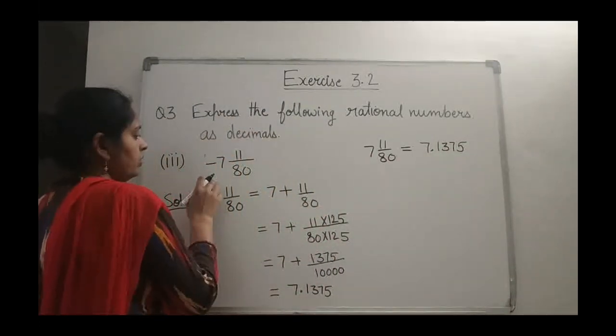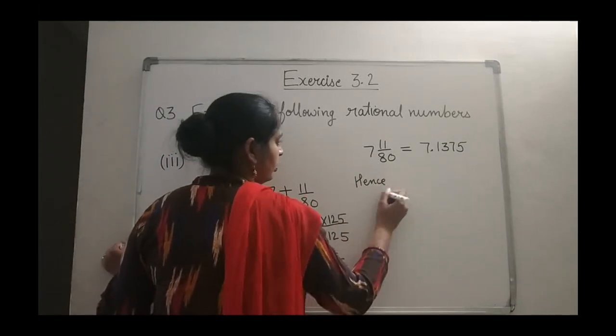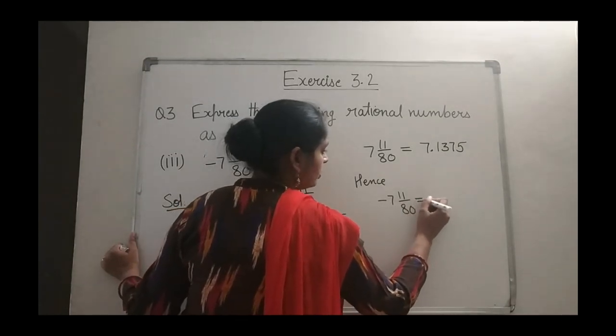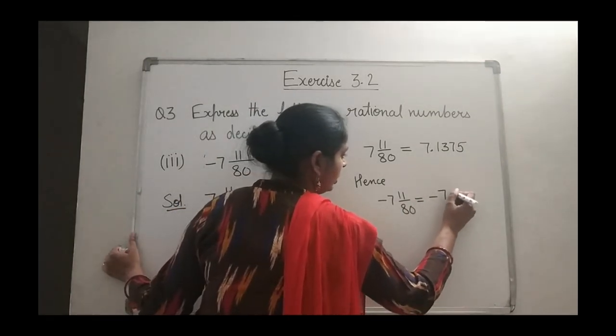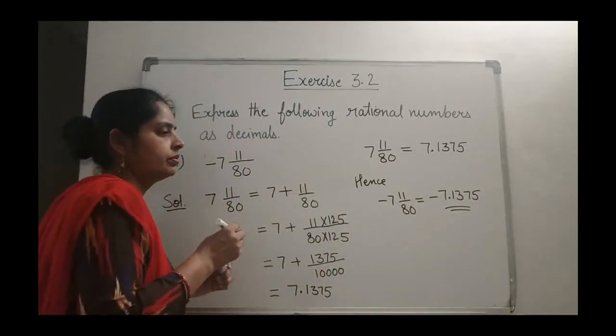Hence, we have the negative number here. Hence, minus 7, 11 upon 80 will be equal to minus 7.1375. Okay?